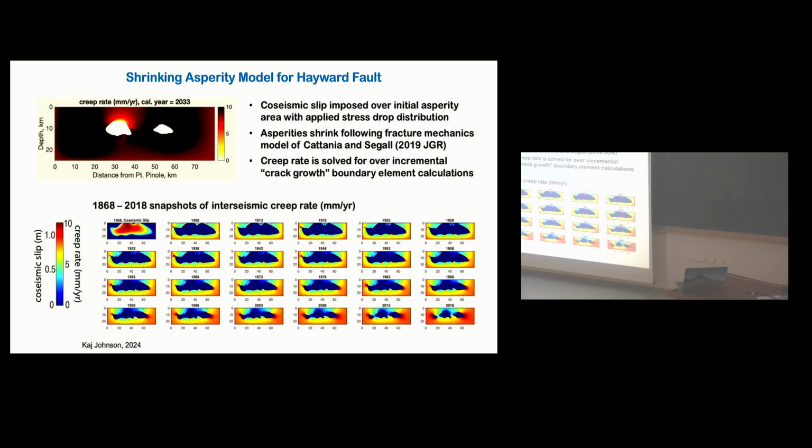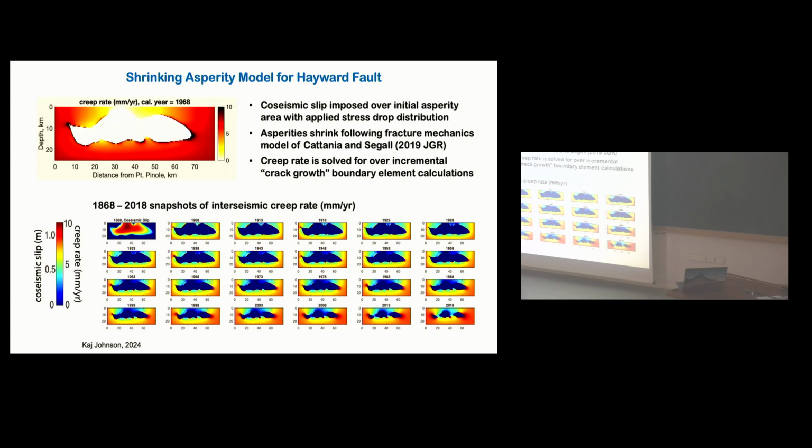And then he applies, using a model that Camilla Cattania had developed with Paul, this shrinking asperity. So this now shows, starting about 40 years after the coseismic imposed slip, you can see this decreasing asperity size and increasing slip rate surrounding this patch.